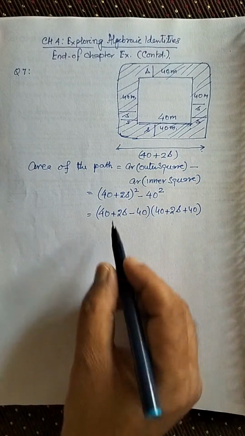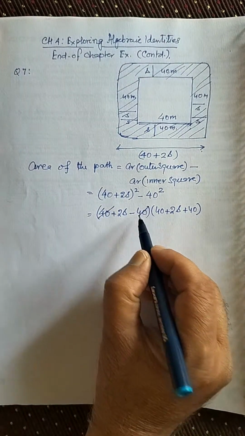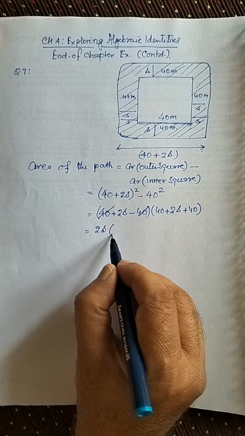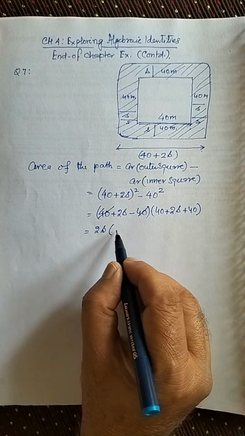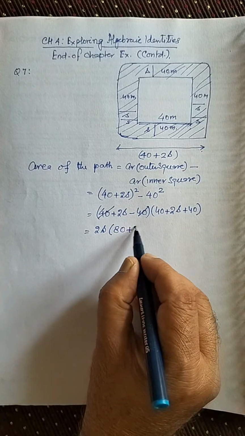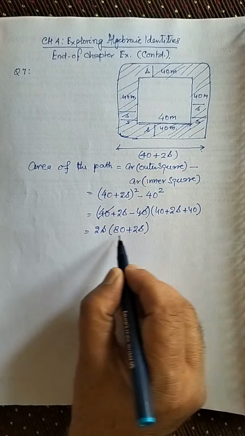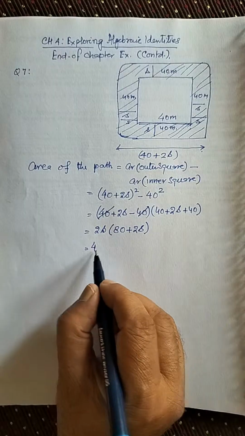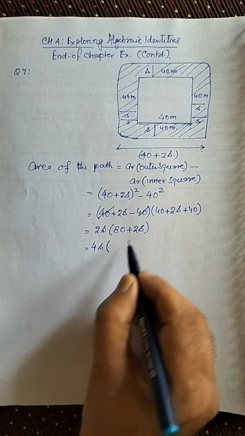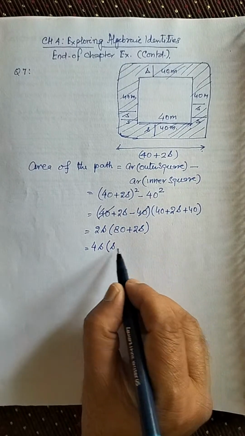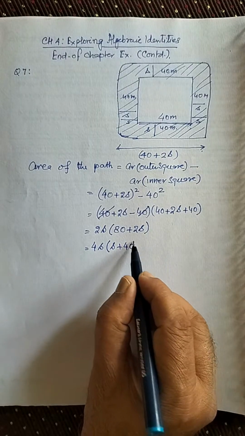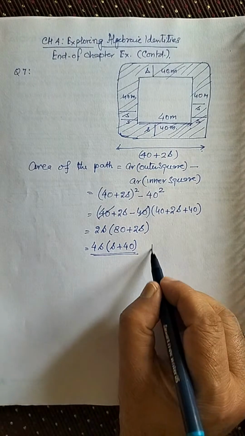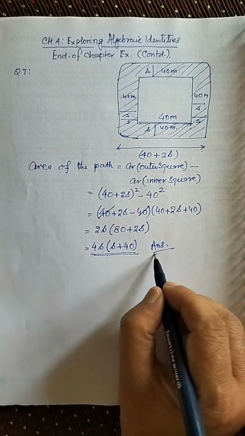The 40 and 40 cancel, so you are left with 2s times (80 plus 2s). Further, I can take 2 common and write it as 4s times (s plus 40). This is the required expression and is our answer.